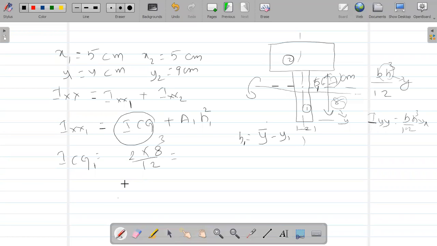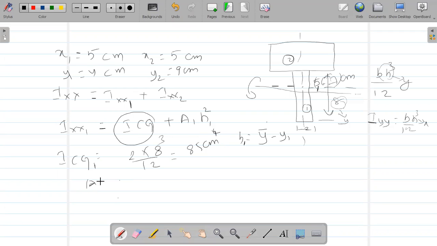You are going to get 85.3. Is this clear? Once again, please check. So the answer is 85.3 centimeter to the power of 4.